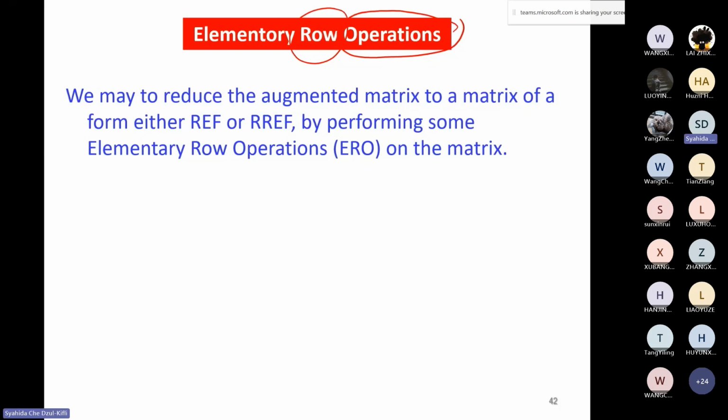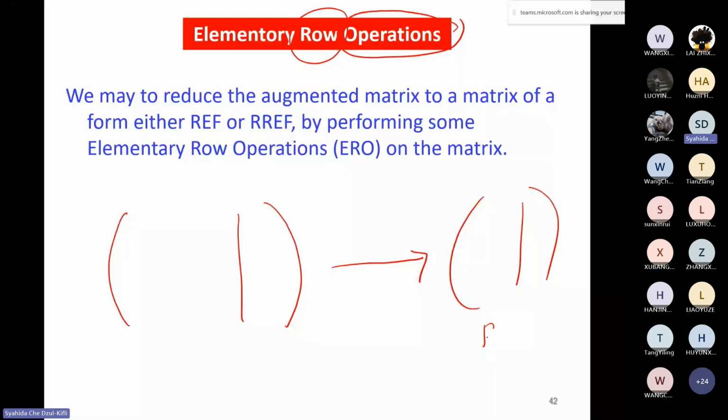Okay, so we have an augmented matrix here. We want to reduce it to a REF or RREF form. To turn the matrix into REF or RREF form, we need to do something on the matrix. We produce some zeros.